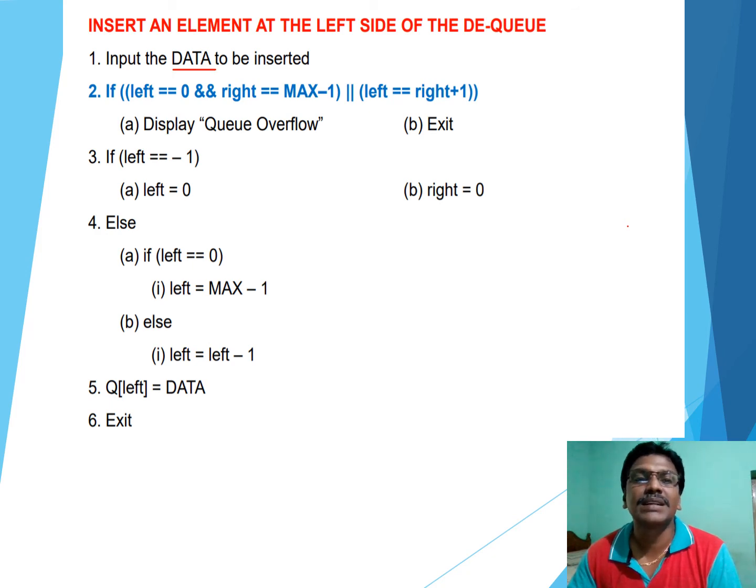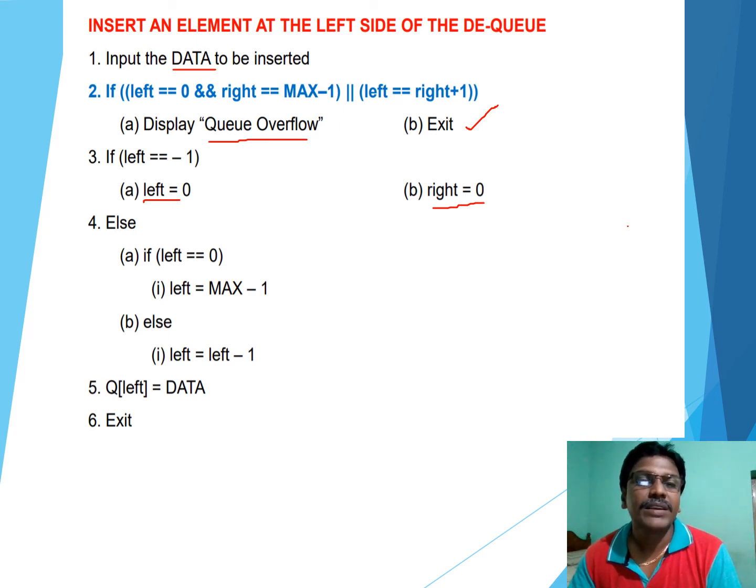Again, the same conditions: left equal to 0 and right equal to max minus 1, or left equal to right plus 1. Then the queue is overflow, it means the queue is full. Then simply exit. Otherwise, if left equal to minus 1, it means it is the first value of the queue. So simply assign left equal to 0 and right equal to 0.